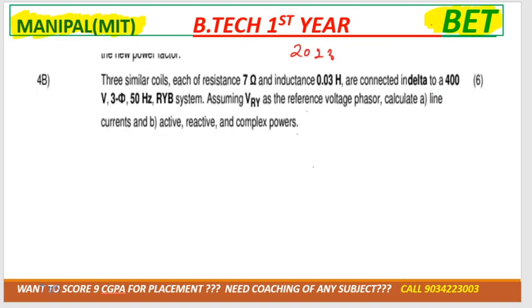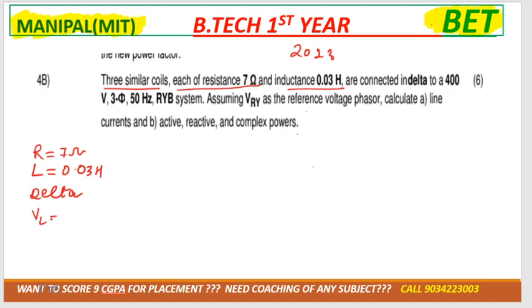Okay, now see, in this they said three similar coils, each of resistance 7 ohm and inductance 0.03 Henry, and they said they are connected in delta.